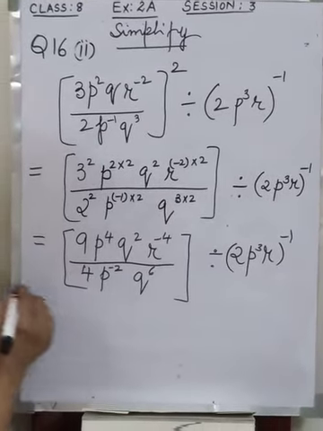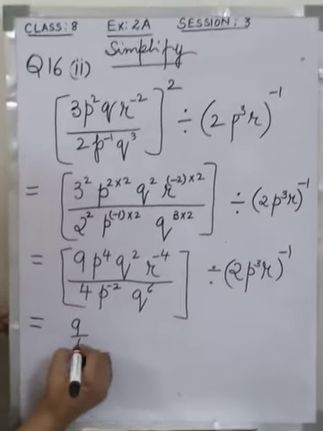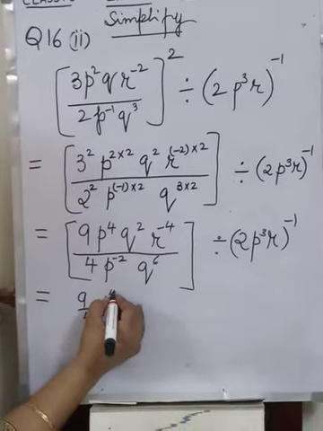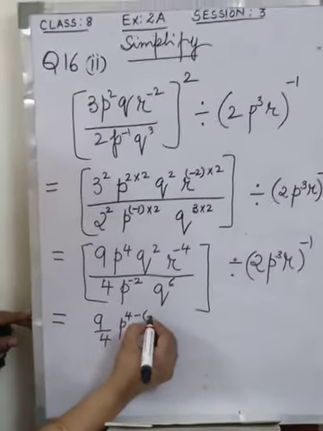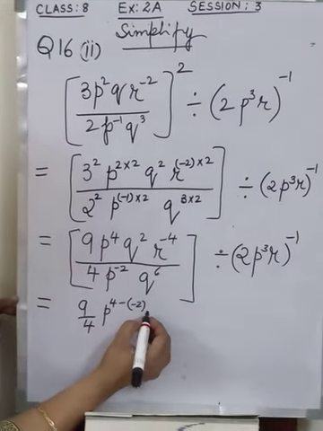On division, powers get subtracted, so we subtract the powers. I write 9 over 4 as it is. We get 9, p to the power 4 minus 2 is the power of the denominator.